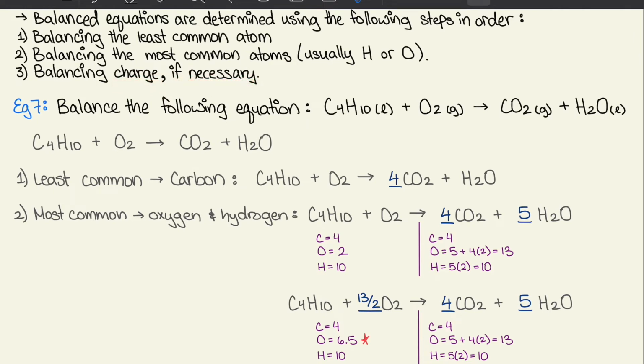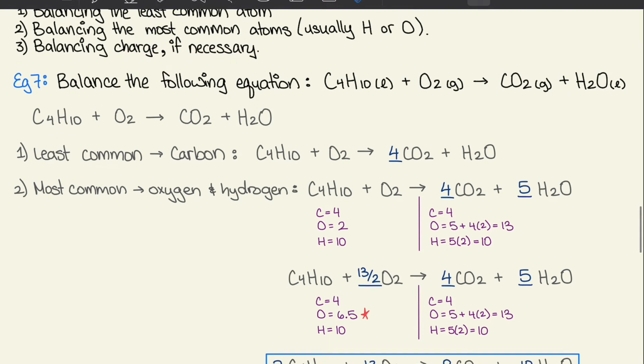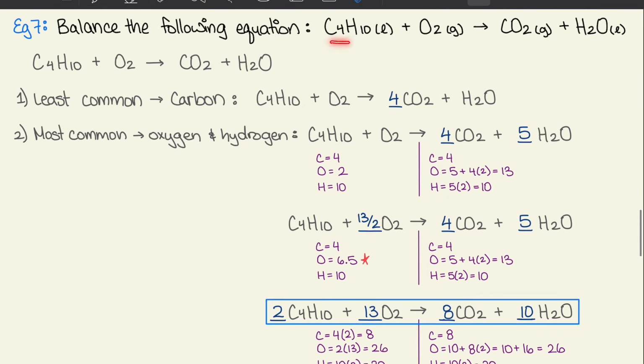So here's an example. Balance the following equation, C4H10 plus O2, which will create CO2 plus H2O. Right off the bat, because we have CO2 and H2O in our products and oxygen as a reactant along with a carbon-hydrogen molecule acting as a fuel, we can conclude that this is a combustion reaction.